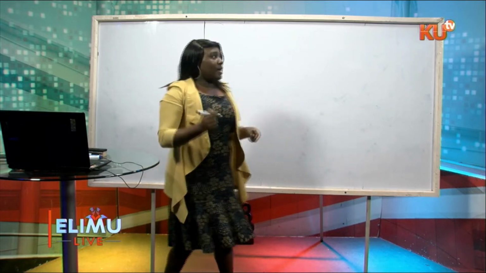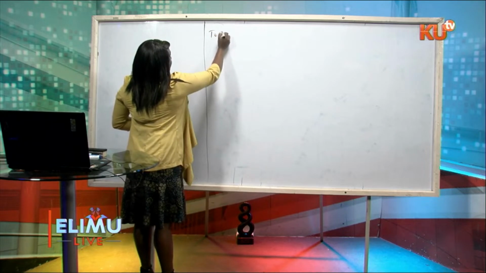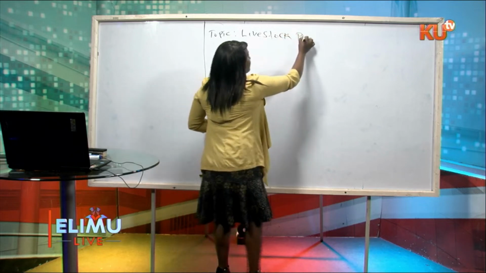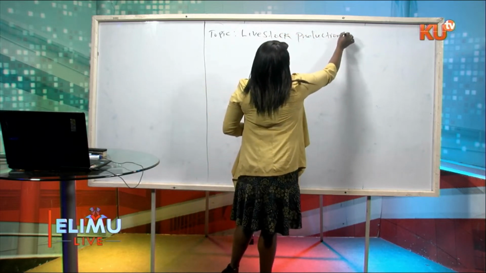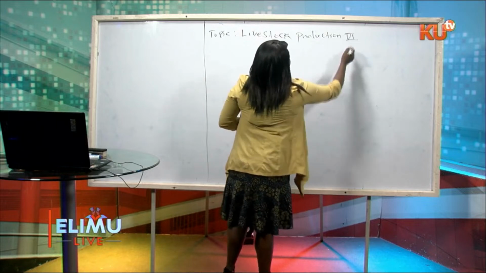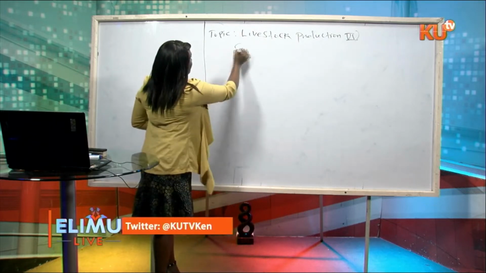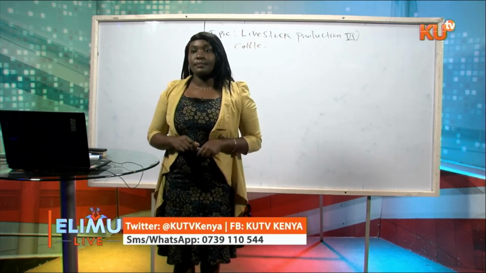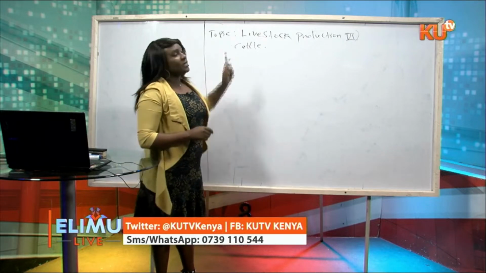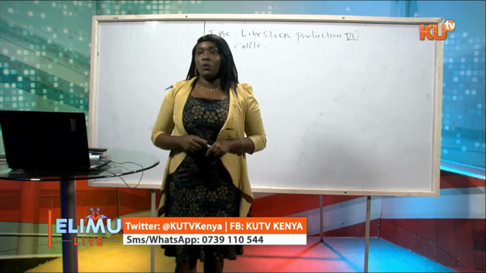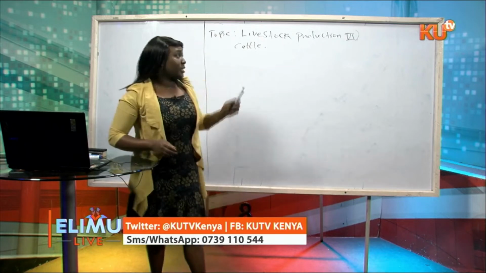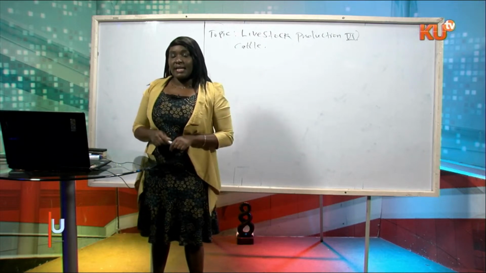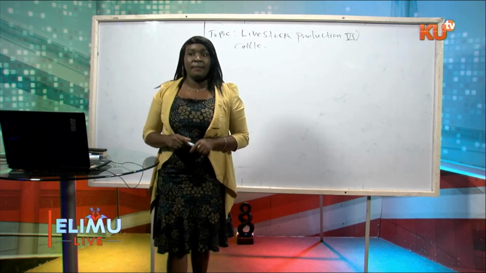The topic is livestock production 6. That is the cattle. This particular topic, I would like to give you a background on what happens in terms of the KCSE, because this is a candidate topic in Form 4.